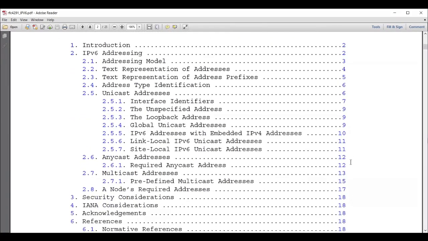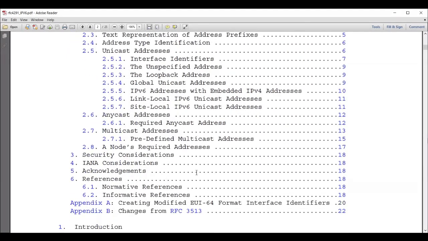You can see that there is a lot of information, right? The introduction is there, IP version 6 addressing models are there, how to represent the addresses, all the information is there, and in detail, what the unicast addresses are, what the multicast addresses are, and the IANA considerations, security considerations, all these things are there.